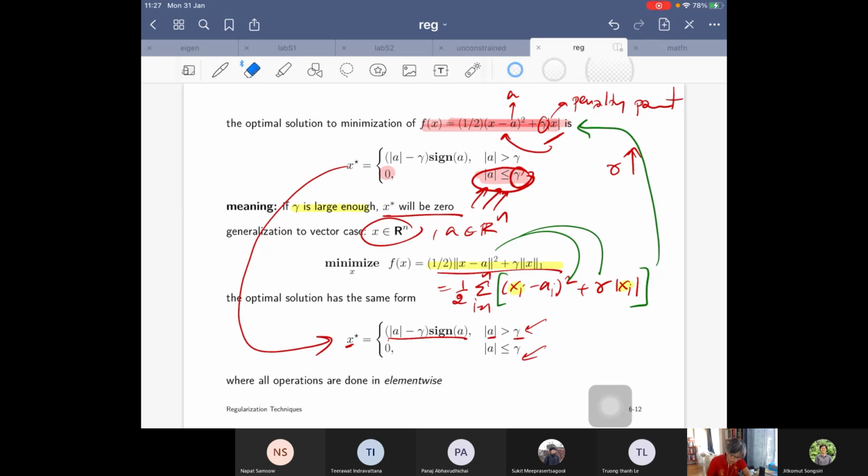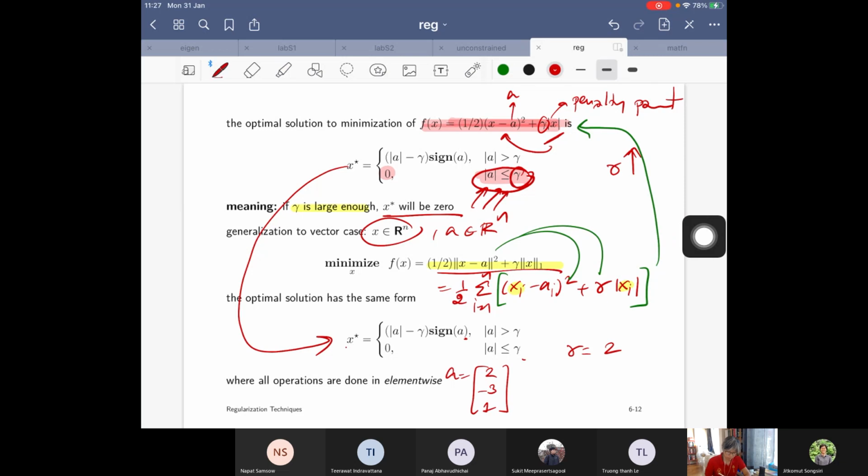Okay, now let me give you an example. Suppose my A is 2, minus 3, 1, and 5, all right, and my gamma is 2. My vector x would be, now we can do it together.